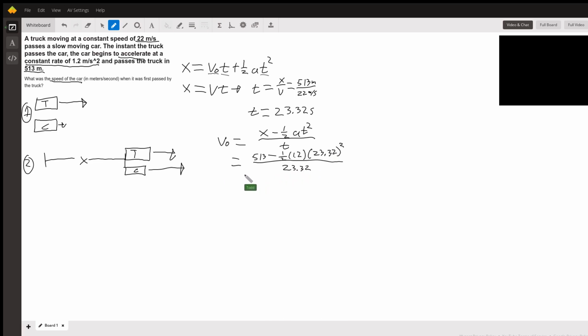And I am calculating the value of v naught is equal to 8.009, or basically just 8 meters per second.